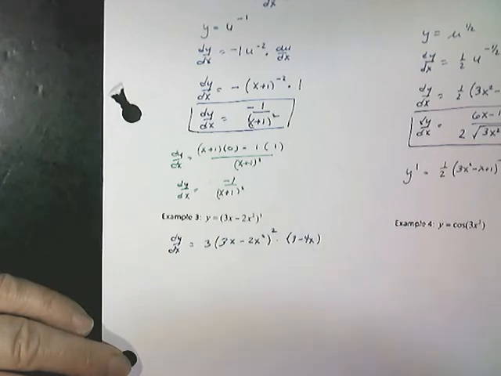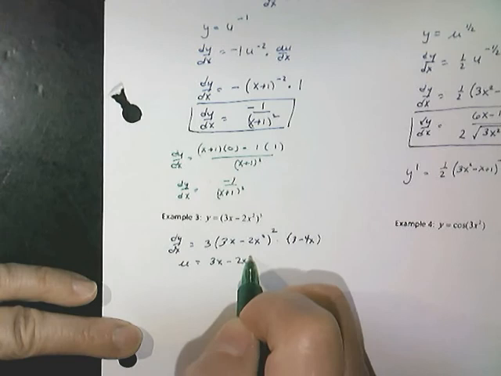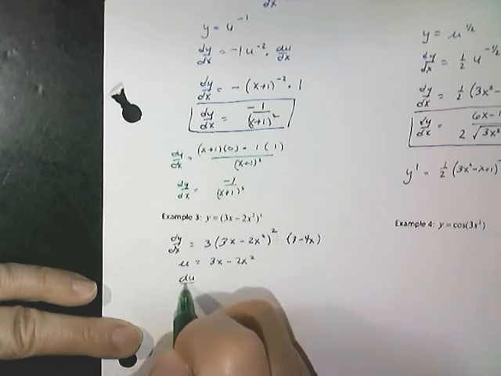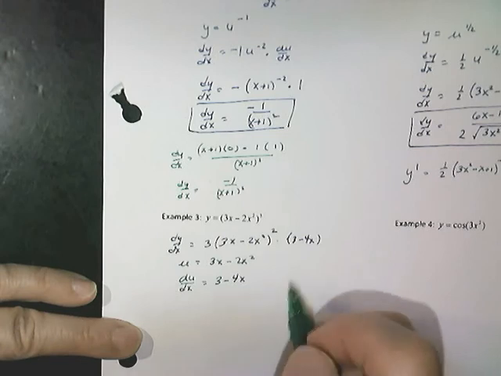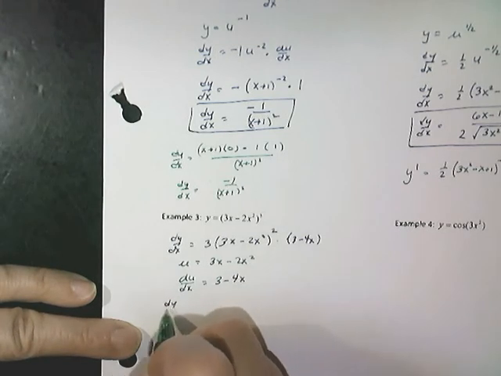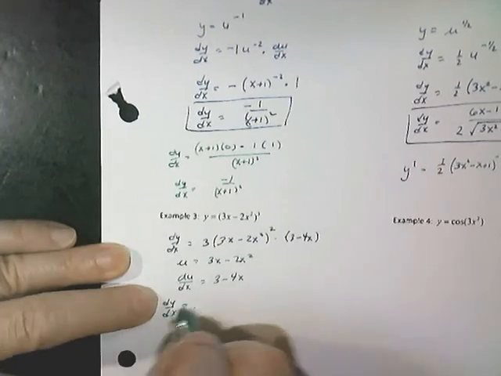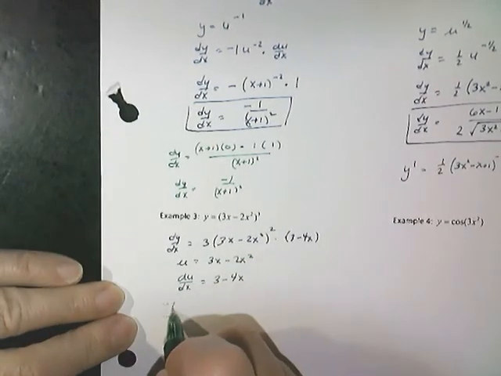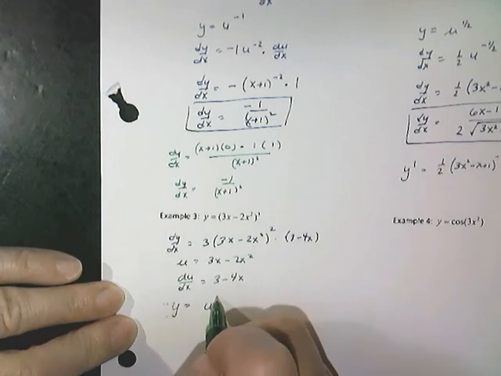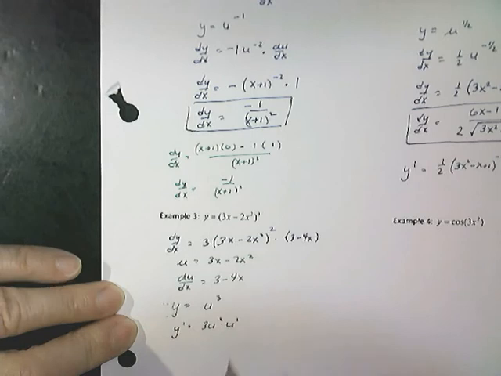If I want to use u substitution, I would say u is equal to 3x minus 2x squared. du/dx is equal to 3 minus 4x. So dy/dx is equal to, let's do it this way. y as a function of u would be equal to u cubed. y prime equals 3u squared times u prime.